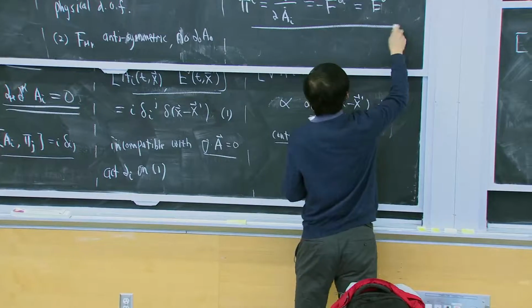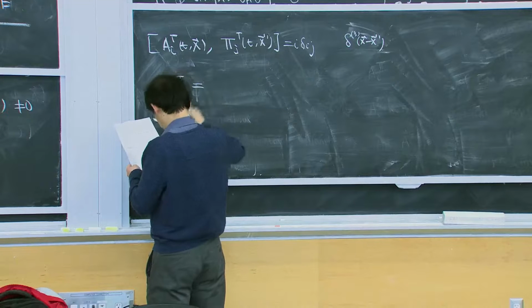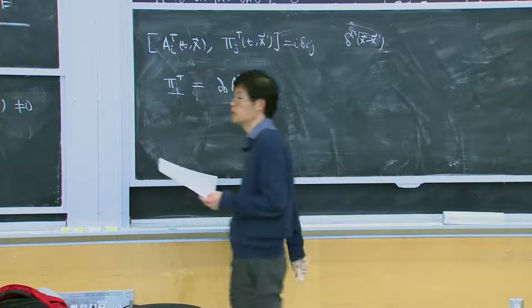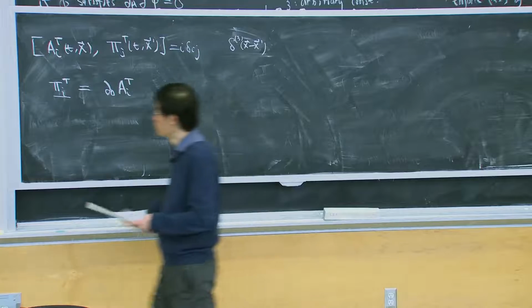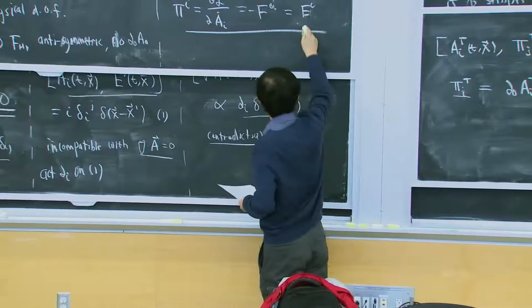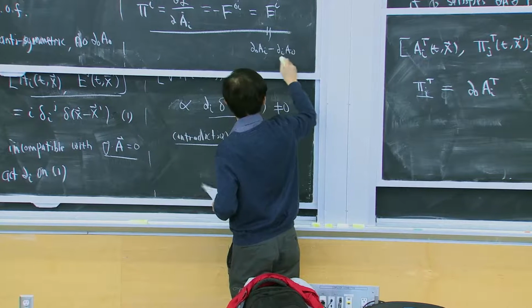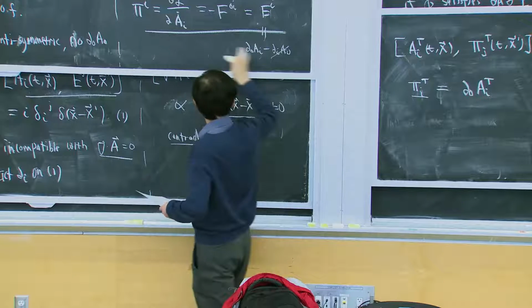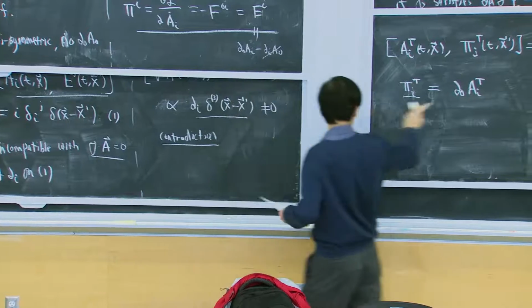If you start from here, you can easily convince yourself, and it is just equal to partial_0 A_i^T, just the time derivative. Remember here, E_i is equal to partial_0 A_i minus partial_i A_0, and this part is 0 because phi is equal to 0. If you take A_i to be transverse, then pi transverse is just equal to that.